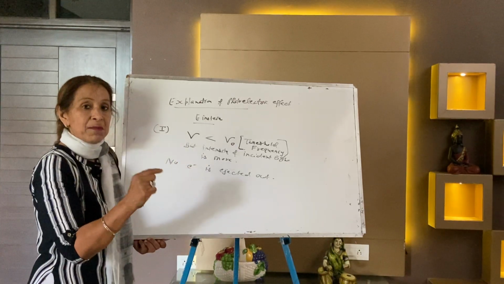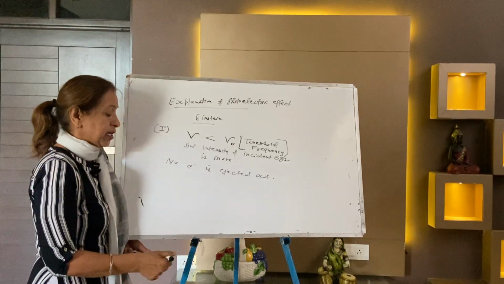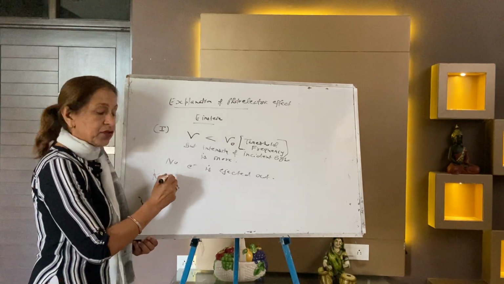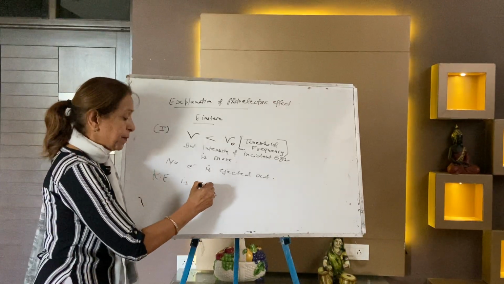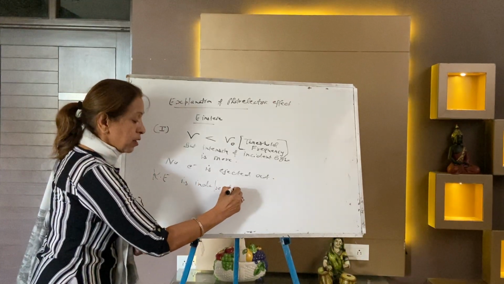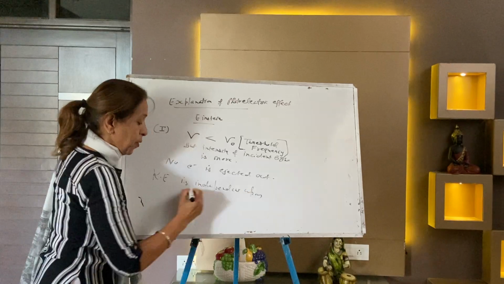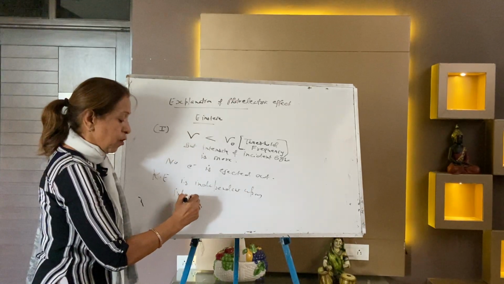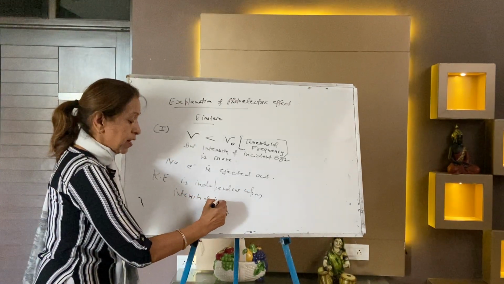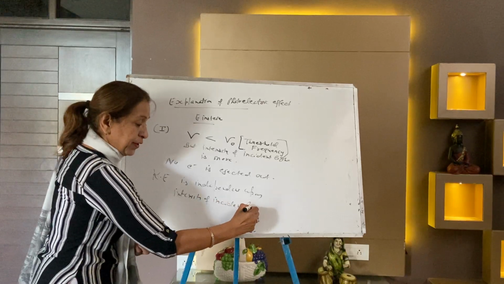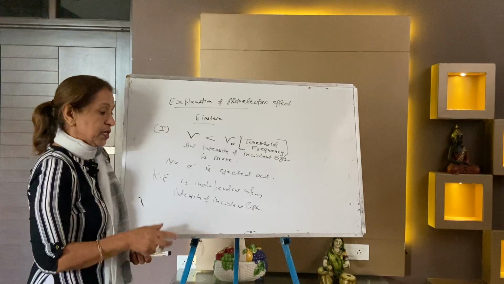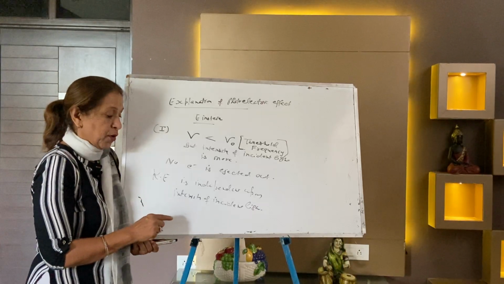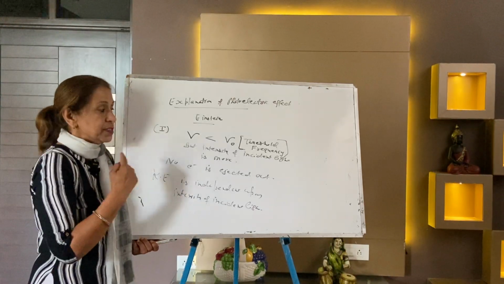And this experiment shows the kinetic energy of the ejected electron is independent of the intensity of incident light. This experiment shows kinetic energy is always independent of intensity of incident light.